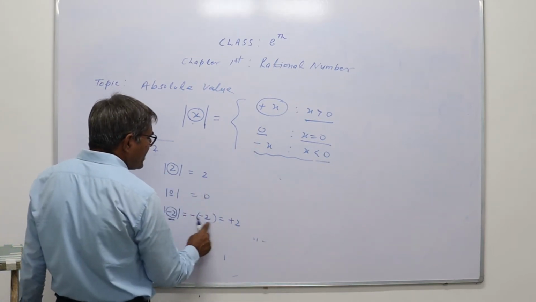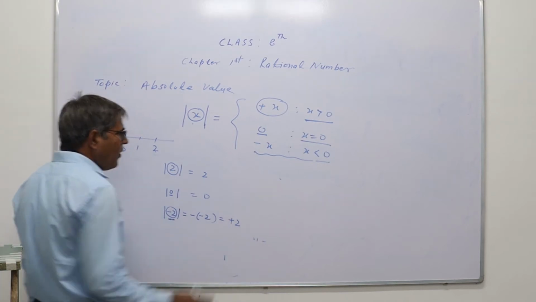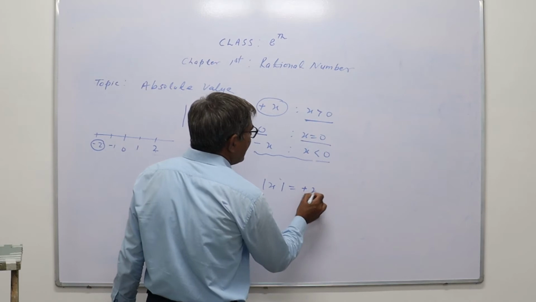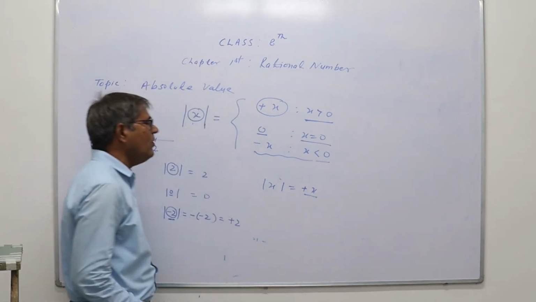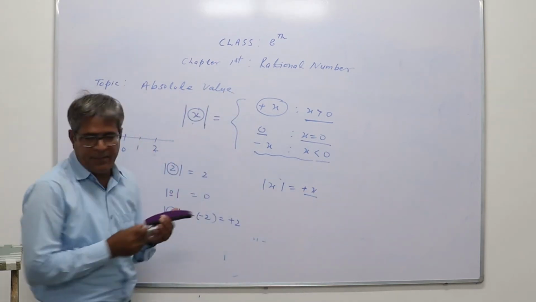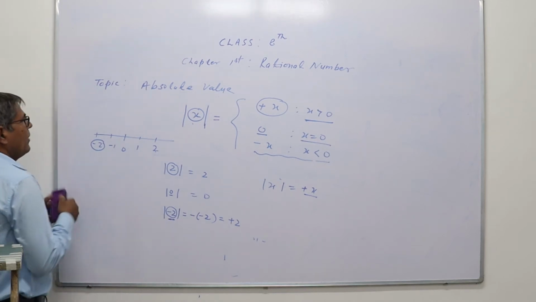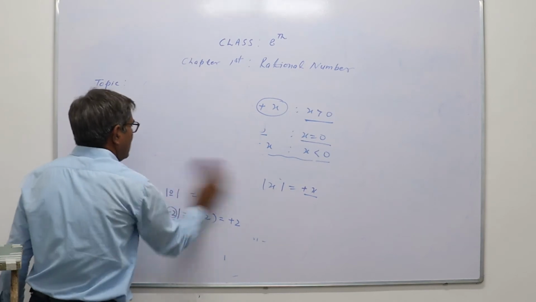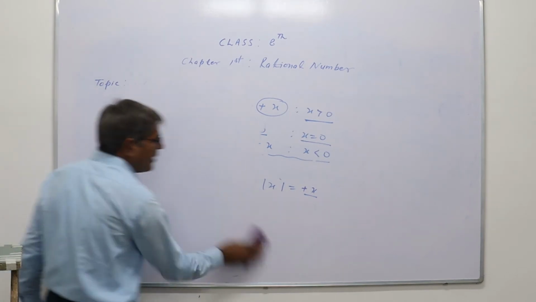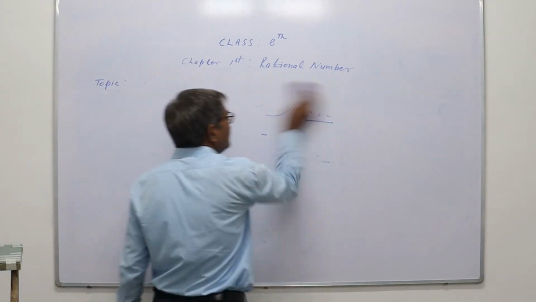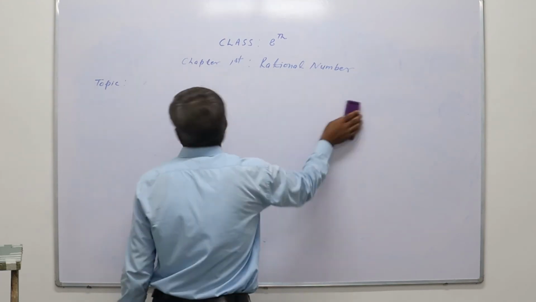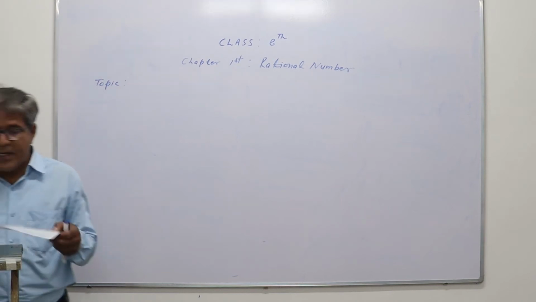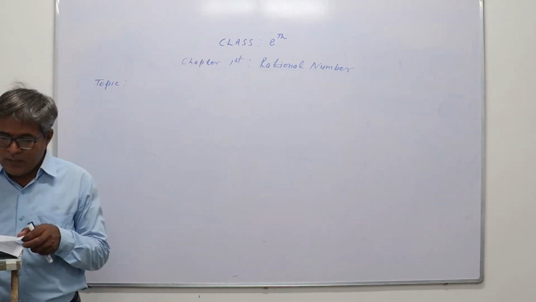So minus of minus 2 will be plus. Therefore absolute is always the positive value of that given number. Now, hope this topic is clear to everyone. You can take different examples and find the absolute value of the given number.